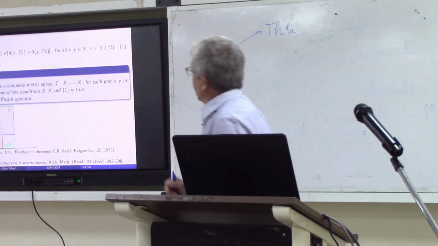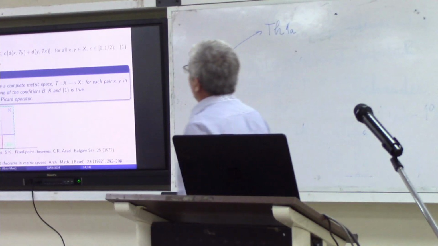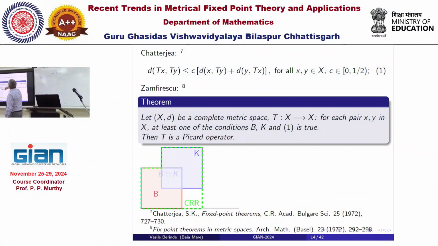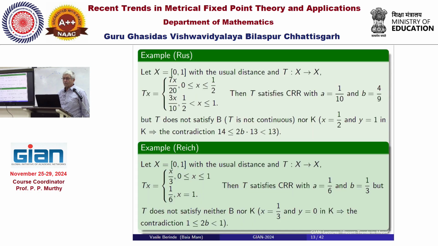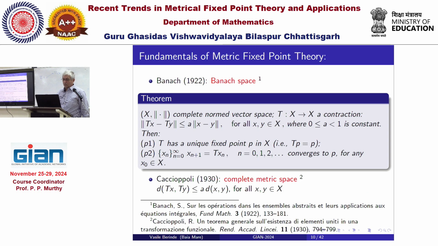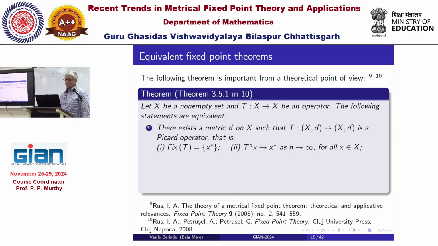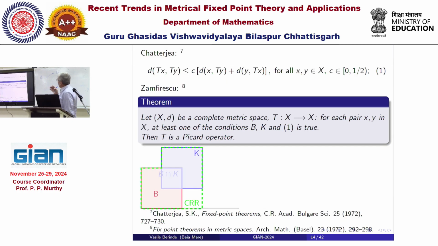So you have seen, Chatterjee is with d(x,Ty) and d(y,Tx). Kannan is with d(x,Tx) and d(y,Ty), and Banach is with only d(x,y).